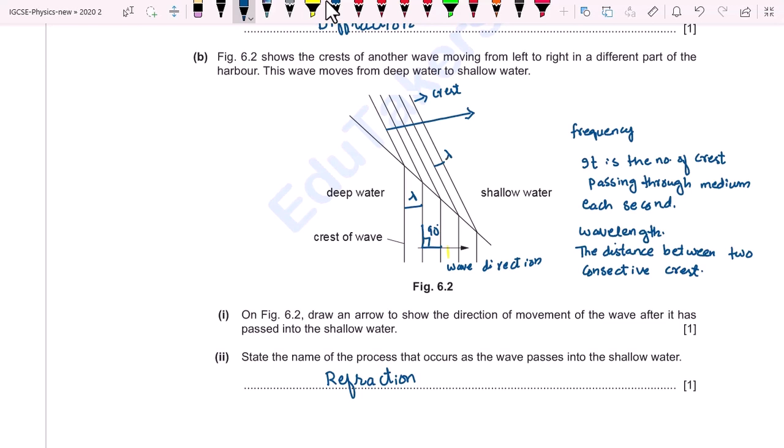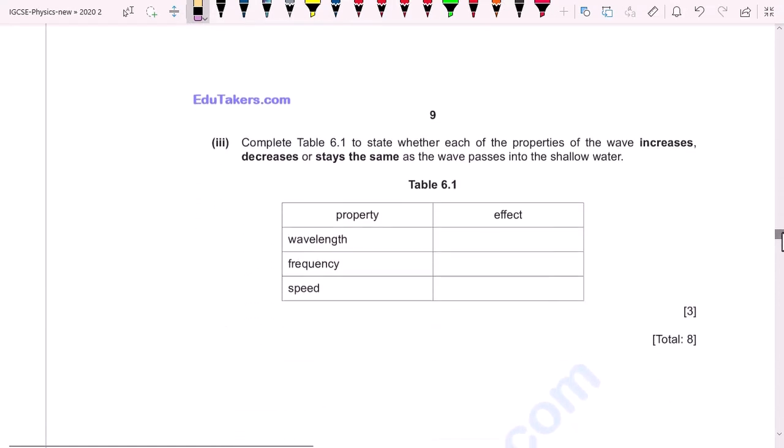So you can see that this lambda is smaller as compared to this. It means that when the wave or crest enters from the deep water into the shallow water, then the wavelength decreases, but frequency remains the same. So, moving towards the table, I write here wavelength decreases and frequency remains same.